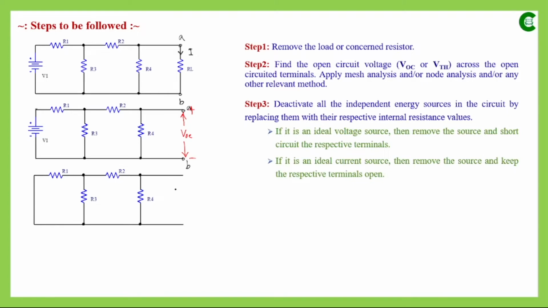Now in this step, we want to find the equivalent or internal resistance value when looking from those open terminals. We will keep our eye on where the load resistor or concerned resistor was connected in the original circuit, and through those open terminals we will see the circuit and find the internal or equivalent resistance after deactivating all the energy sources.